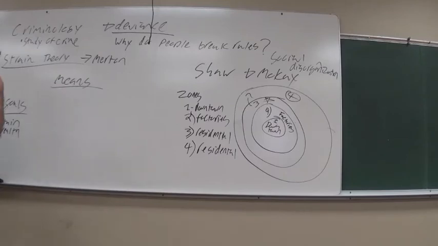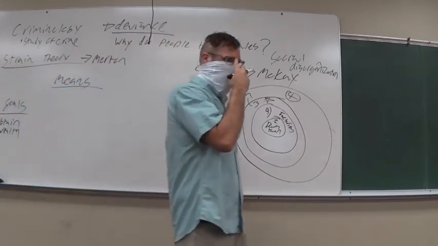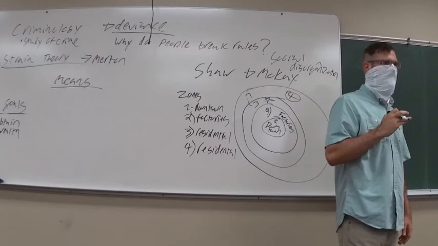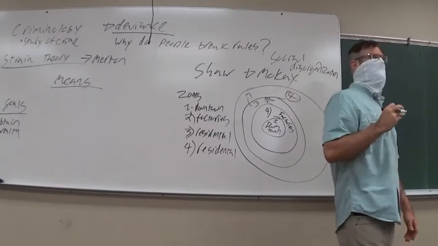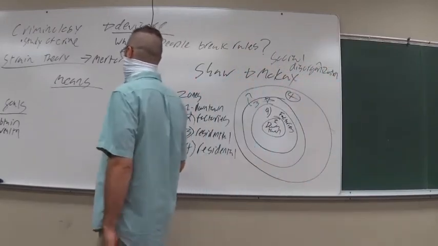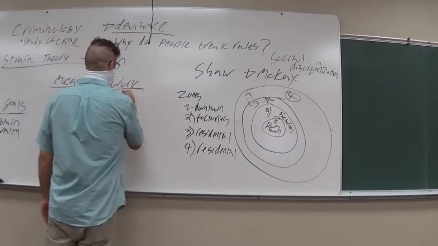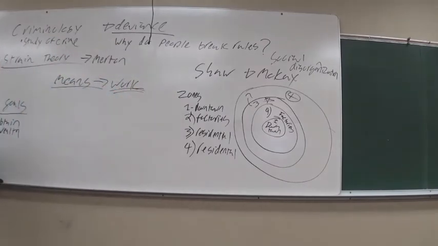Okay, how are you supposed to obtain wealth? What are you supposed to do to get it? You're supposed to work. Yes, the means is work. Okay, can most people in the United States obtain wealth through their work?